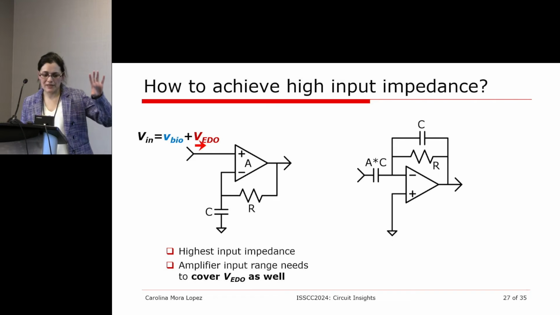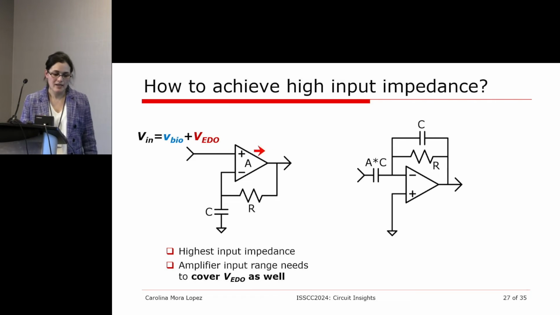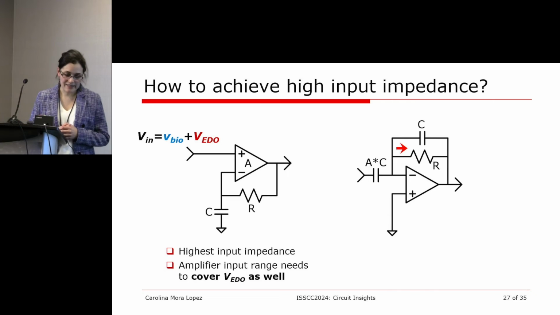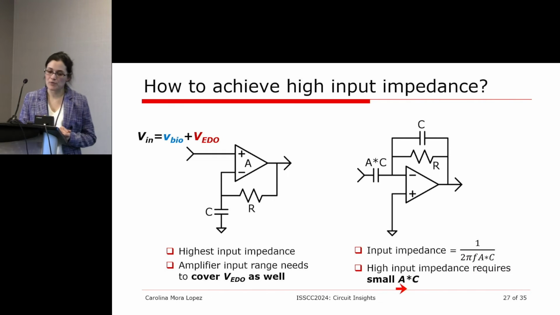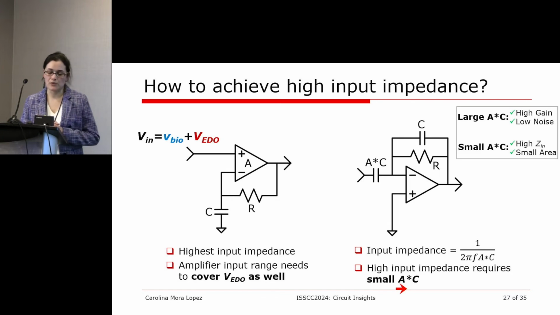Alternatively, you have the most common architecture used in biomedical sensing, that is the one with AC coupling and a feedback loop with your high-pass filter. In this case, you can also achieve high impedance, but this high input impedance is inversely proportional to the input capacitor. So if you want a high input impedance, you will also require a small input capacitor. And there comes, again, an important trade-off that you will need to solve.